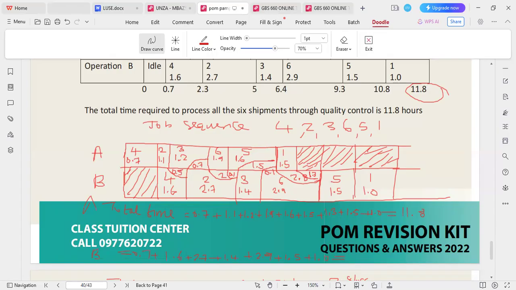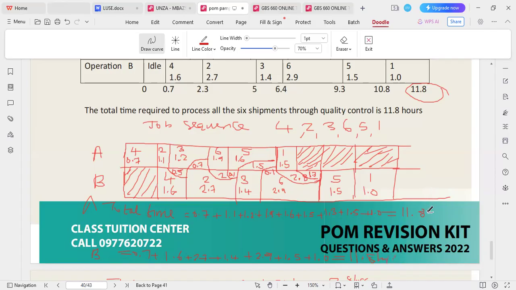Okay, so 0.7 plus 1.6 plus 2.7 plus 1.4 plus 2.9 plus 1.5 plus 1. So it's also giving us 11.8.